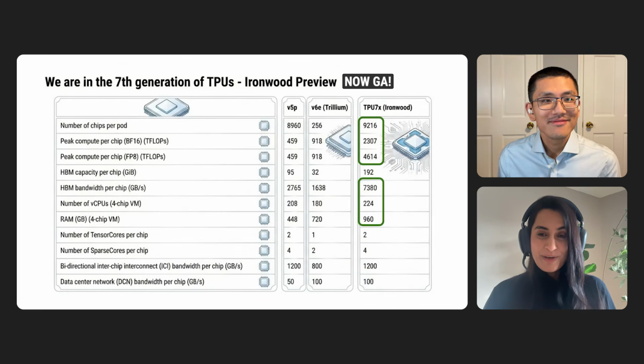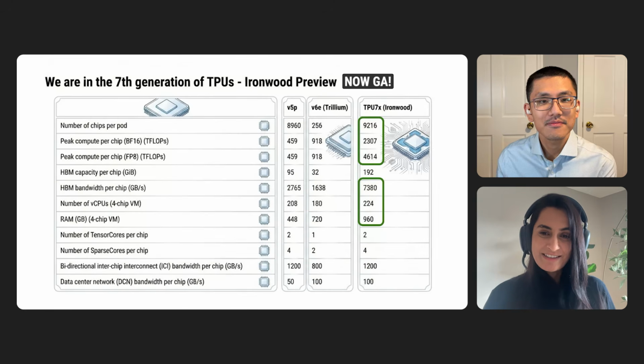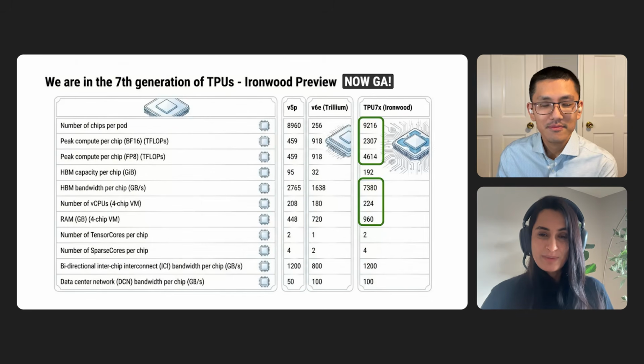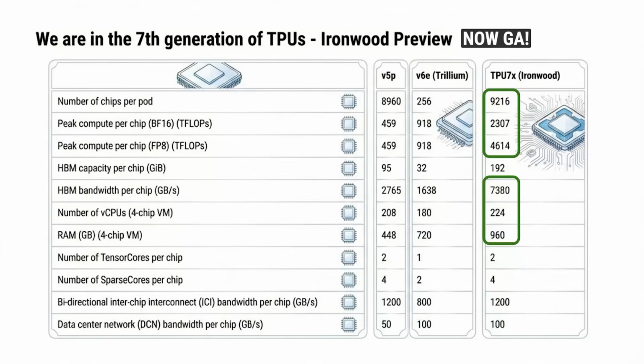Let's go. We just introduced Ironwood. And Ironwood, as you said, is our 7th generation TPU. We also have Trillium that we released last year, and then v5p, and then v4, and there are other older generations as well. Here I wanted to show Ironwood in its preview state. Look at the numbers on Ironwood. A single Ironwood TPU pod, interconnected with ICI links, can take about 9,216 chips.